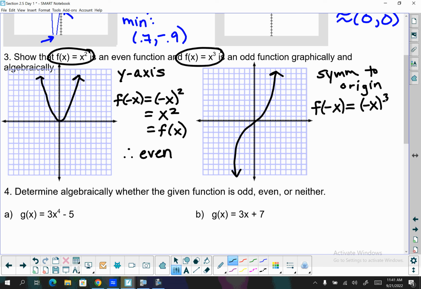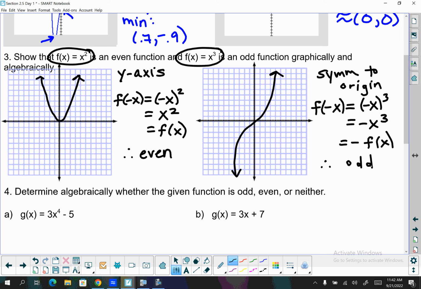Make sure you put parentheses every time you plug that in. What's that going to simplify to? Positive or negative? It's going to be negative because it's an odd power, x to the 3rd. Is that the same as my original equation? No, it is not. Is it the original function with a negative in front of it? Yes, it is. Therefore, it is odd.